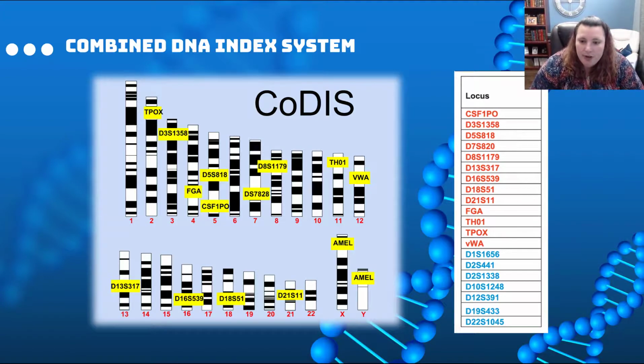Originally, as I mentioned before, CODIS collected information about 13 unique STRs. These were called the core loci, and you can see these depicted in the chromosome chart on this slide. In 2017, CODIS added 7 more STR locations to the core loci list, providing even higher match probabilities for unknown samples. These new 7 loci are highlighted in blue on the list shown.